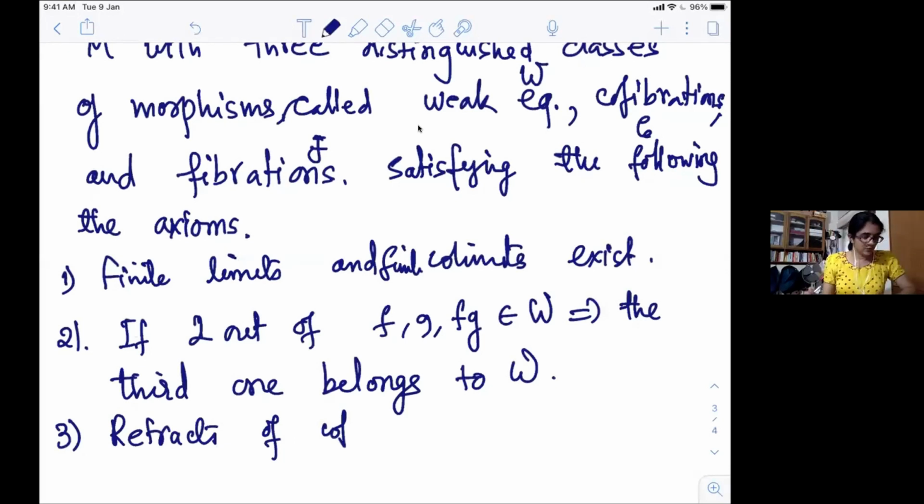I don't want to get into this too much, so I'll just write that all the classes are preserved under retracts, and maybe later if there are questions I can say more.